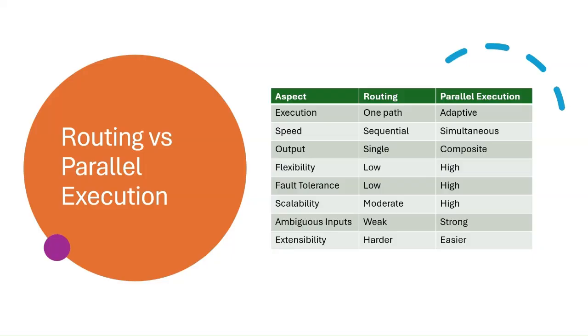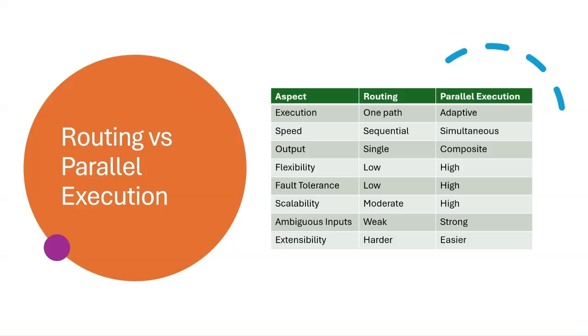For speed, sequential depends on the total time taken by all the tasks together, whereas in parallel execution, the speed depends on the slowest task. The output is single for routing because we get a single output. Here we have diversity, we have a composite output. Flexibility is low with routing and it is high with parallel execution.